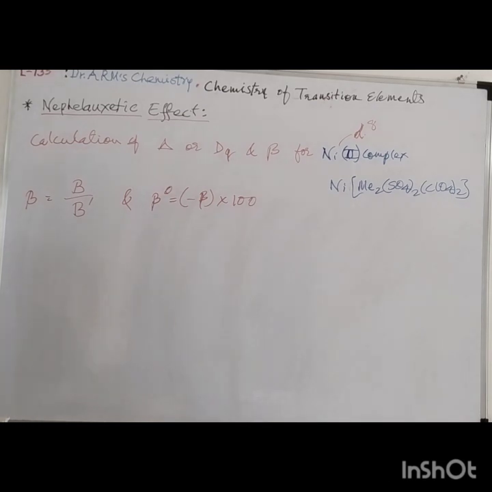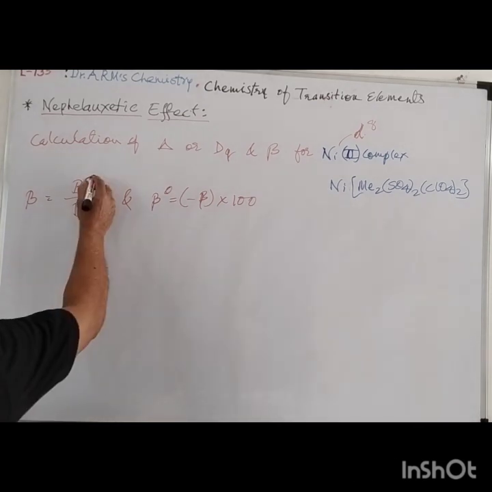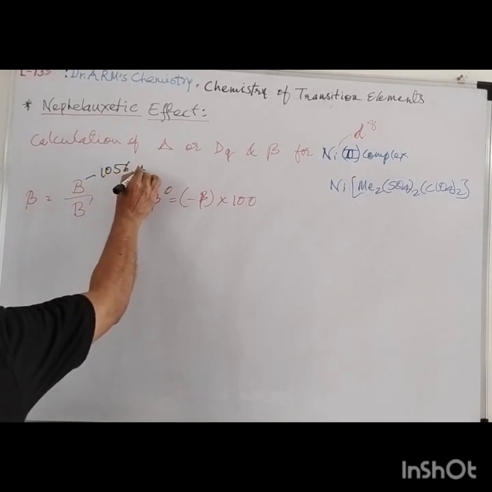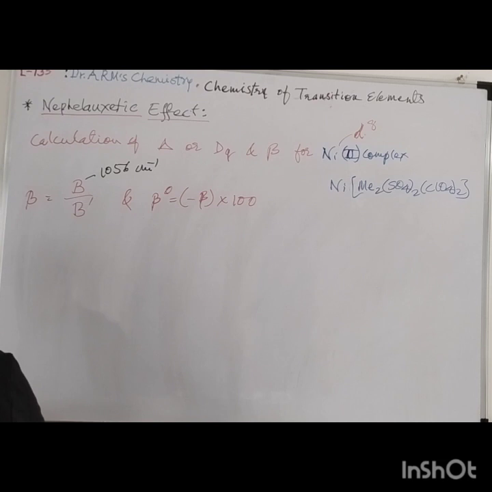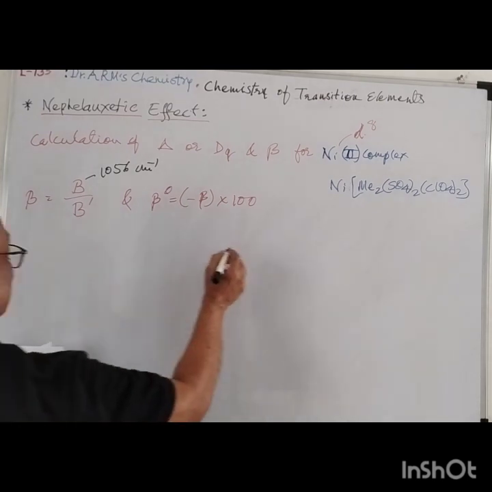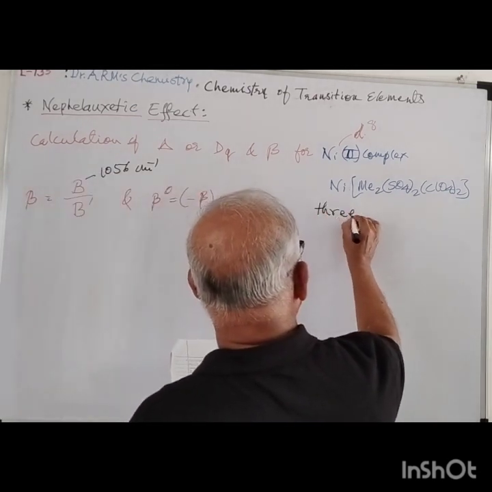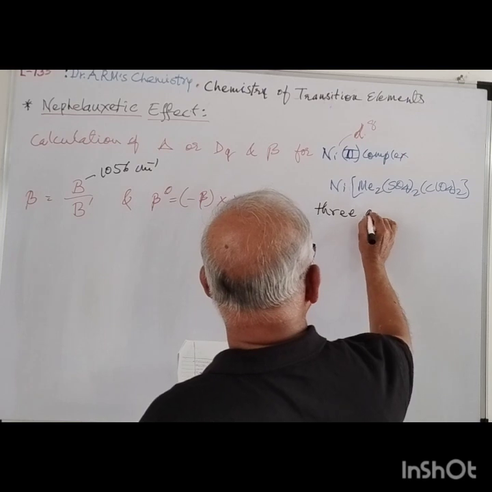Using these relations we can find the value for B is 1056 per centimeter. The nickel 2 plus complex has three absorption bands.